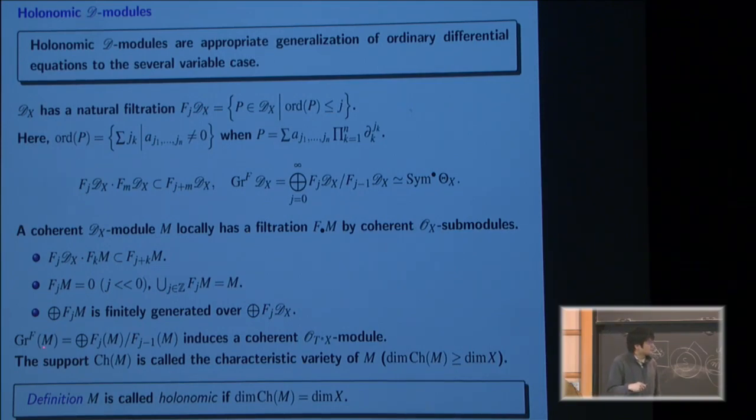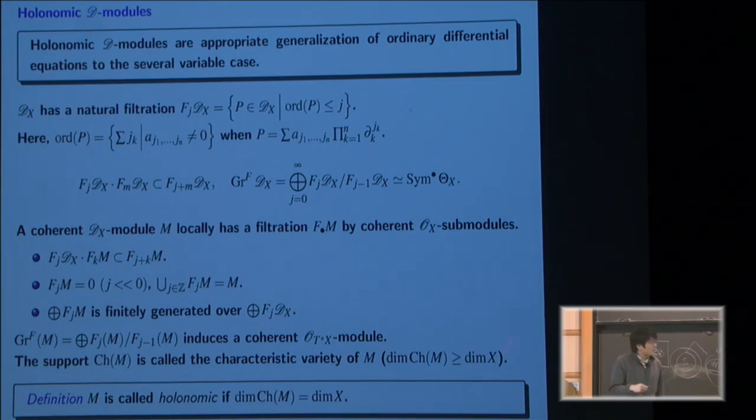Then the associated graded object is naturally a module over the symmetric product of the tangent sheaf, so it naturally induces a coherent sheaf on the cotangent bundle of X. The support is independent of the choice of filtrations, and it is called the characteristic variety of the D-module.